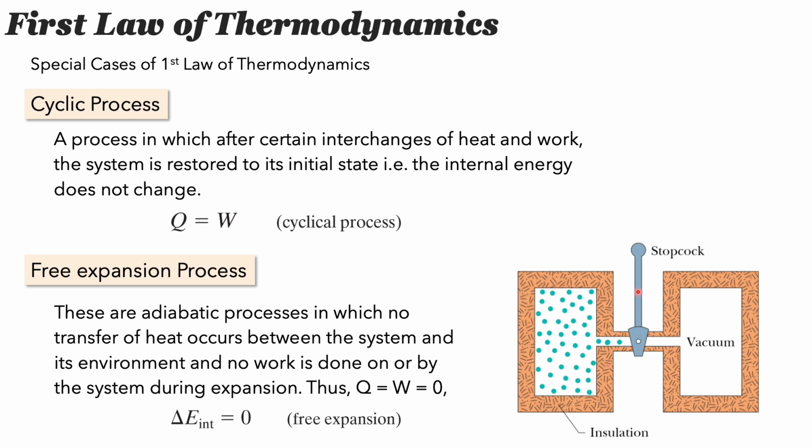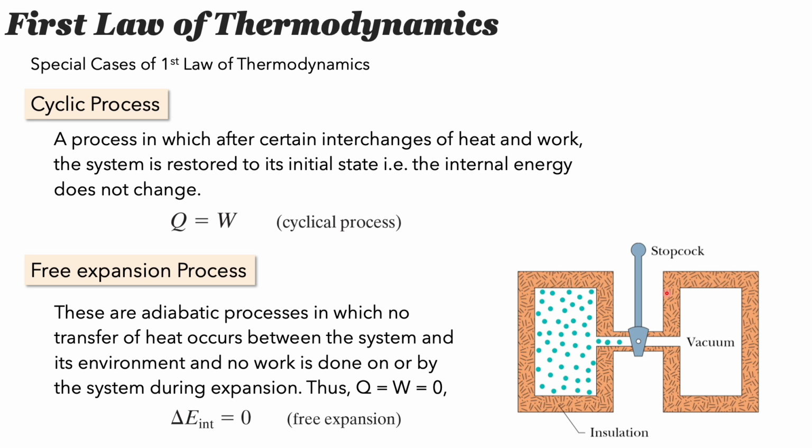It can be expressed through this free expansion process. There is a stopcock here. So, we can open this stopcock and the gas can expand from here into this vacuum portion. There is no gas here, it is totally empty. So, the gas will move, meaning the gas is expanding, its volume is increasing, it is expanding freely, and the container is all insulated, meaning there is no way heat can transfer to the system or from the system.